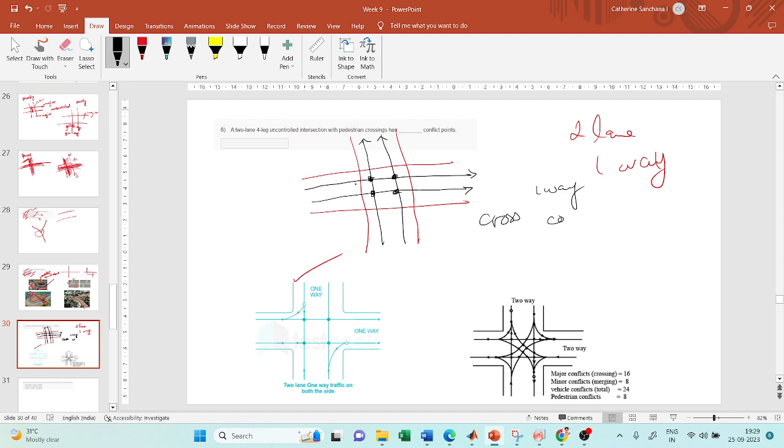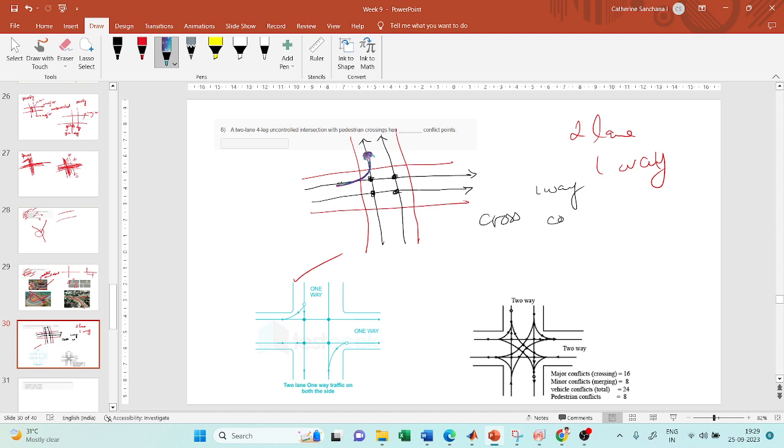Now let me say that a vehicle in this direction has to turn and move to this direction, like this. Let me use a different pen, like this. So here it will diverge from this traffic and it will merge with this traffic.